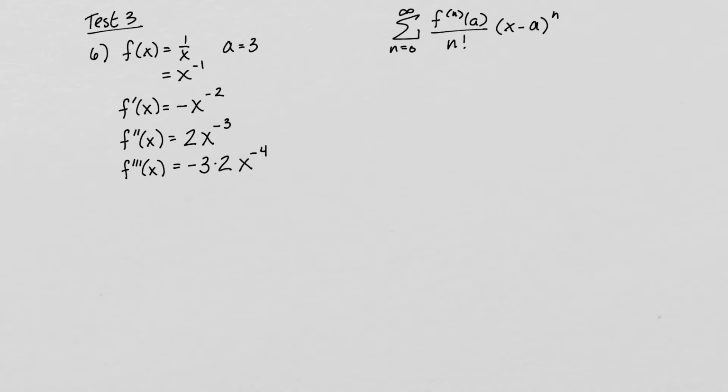And you can keep going as many derivatives as you need to see the pattern. The fourth derivative, negative times negative gives positive, but then I'd have 4 times 3 times 2, x to the negative 5th. And the fifth derivative, negative 5 times 4 times 3 times 2, x to the negative 6.